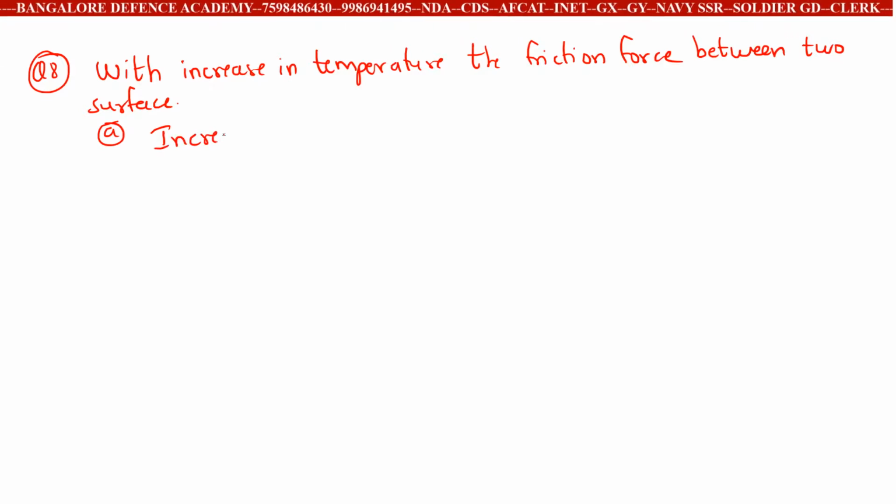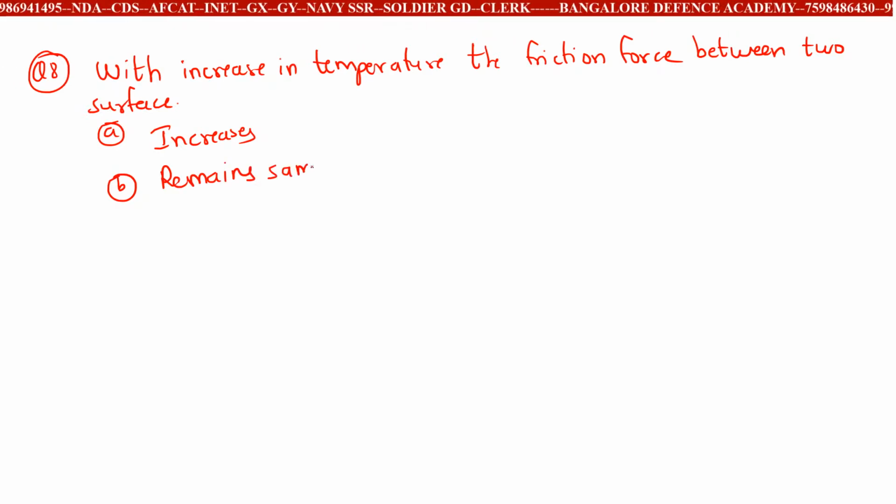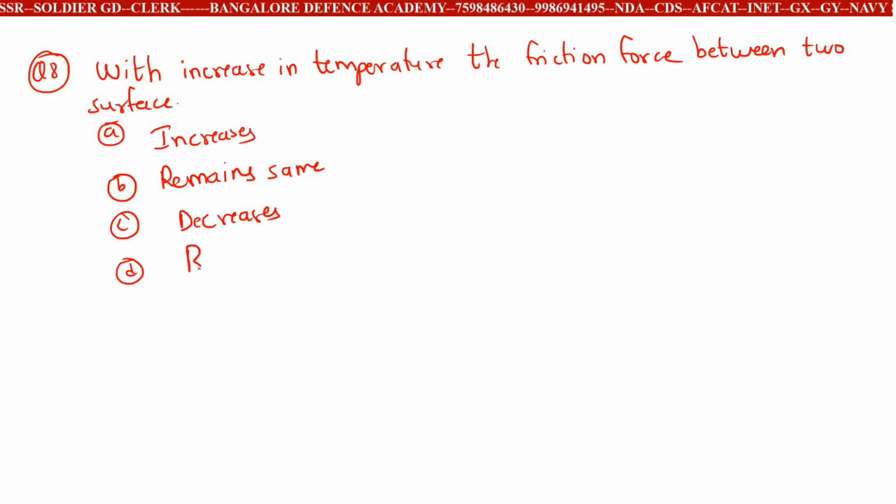Option A, they have given increases. Option B, remains same. Option C, decreases. And option D, becomes zero. Very easy. With increase in temperature, the friction force between two surfaces decreases. So this is a kind of question, very easy. Sometimes they may ask you in NDA examination.